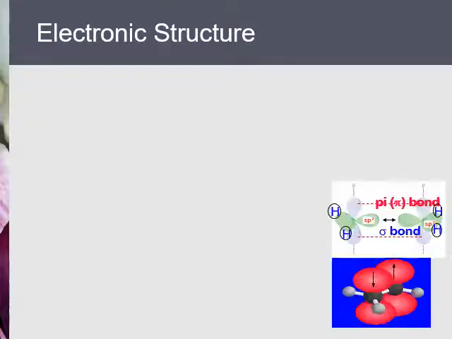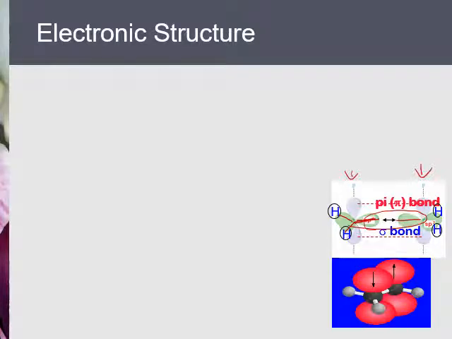Let's first go over a double bond. A double bond is formed by 2 carbon atoms with sp2 hybridized orbitals. Each carbon uses 2 of these sp2 hybridized orbitals to form carbon-hydrogen bonds, and the third sp2 hybridized orbital forms the carbon-carbon bond, and this bond is called the sigma bond.